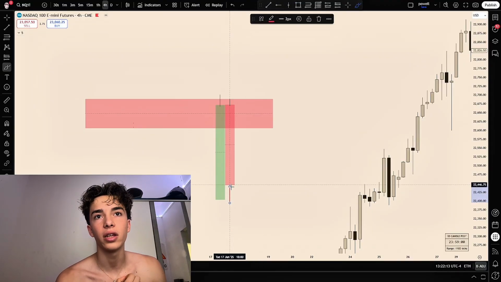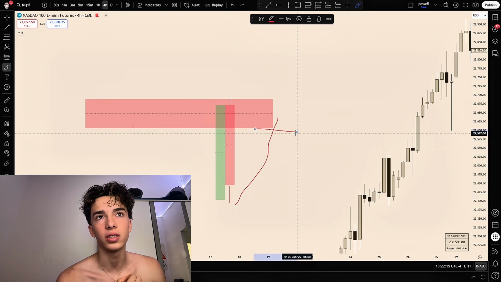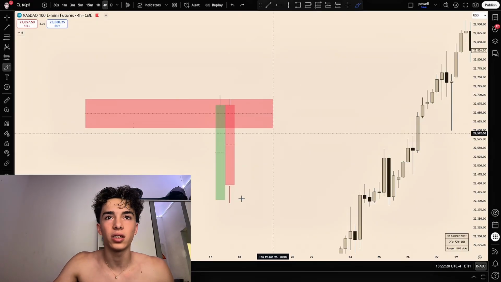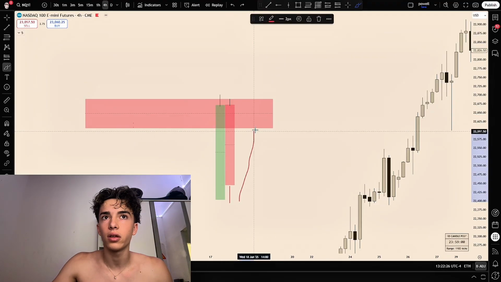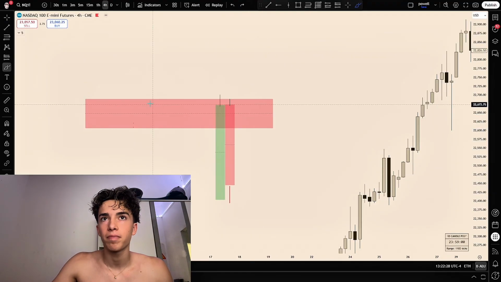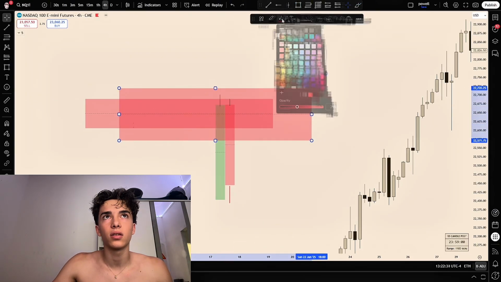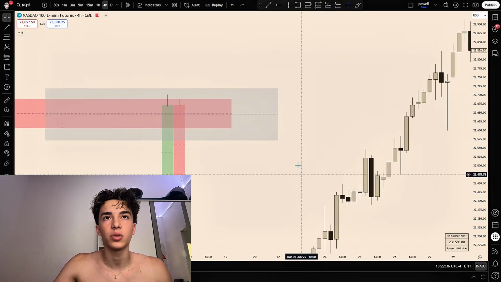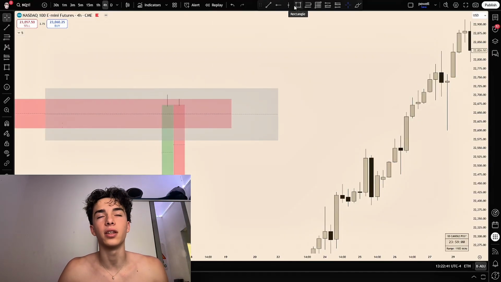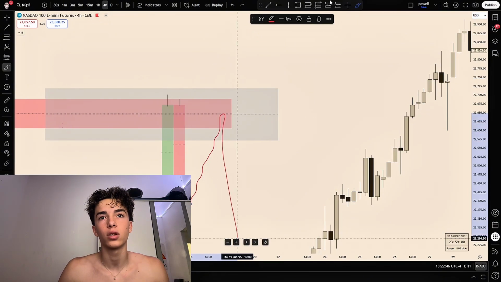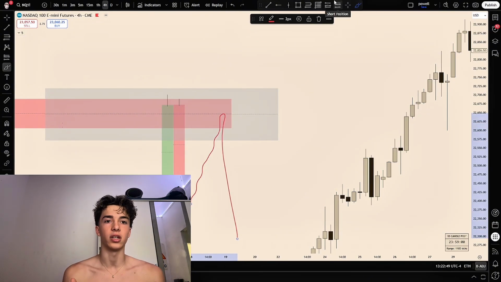So we do this candle, the next one does this, and we could enter here. We got a CSD that in this case is aligned perfectly with the fair value gap. We do like this, boom. This could be a model itself.